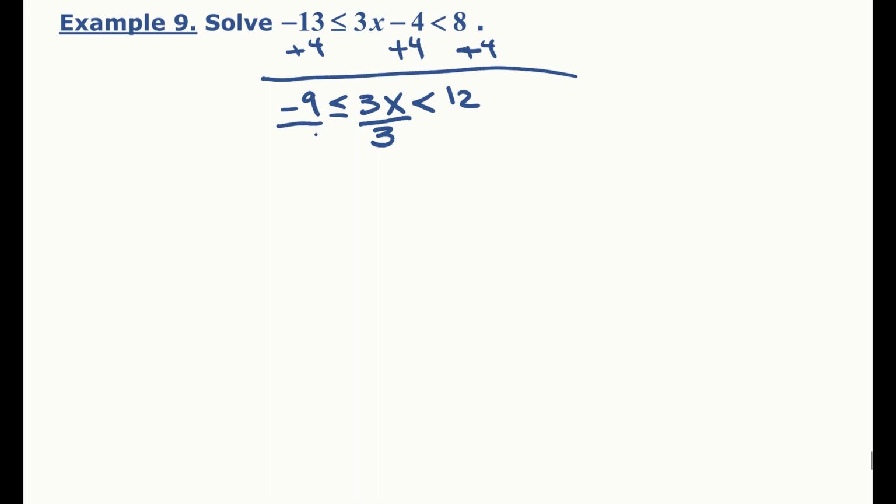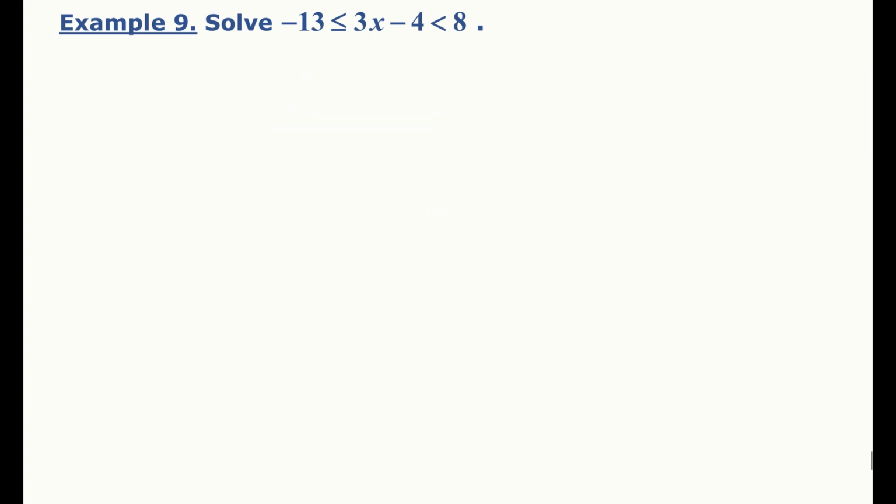Remember, we have to now do the same thing to all 3 parts. So we end up with -3 less than or equal to x less than 4, that is.